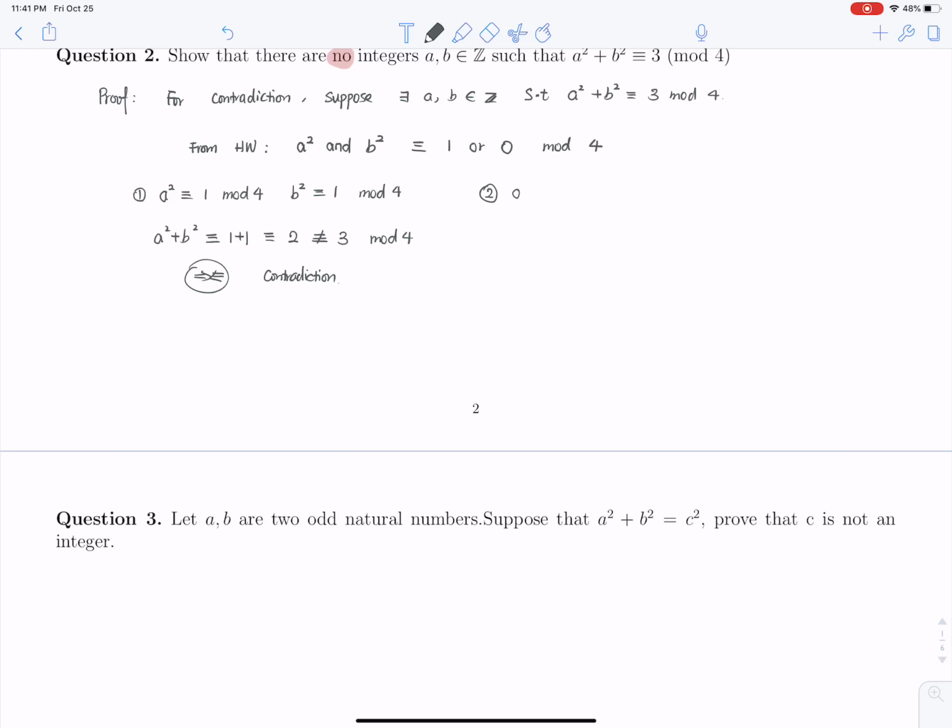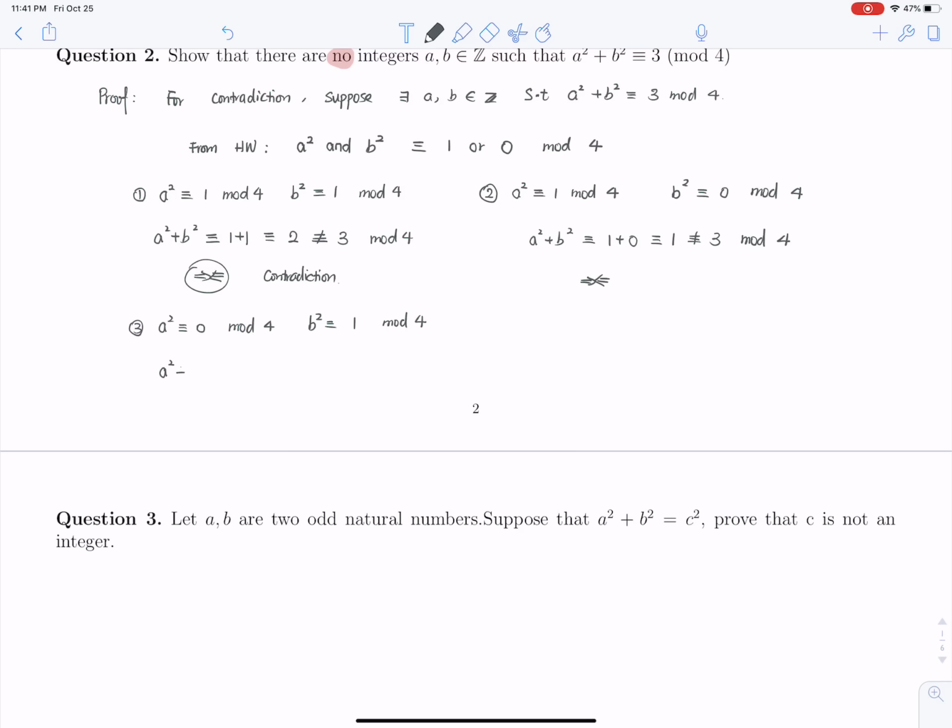Case 2: a squared is congruent to 1 mod 4, b squared is congruent to 0 mod 4. Then a squared plus b squared is 1 plus 0, which is 1 and not 3, so we have a contradiction here as well. The third case: a squared is congruent to 0 mod 4, b squared is congruent to 1 mod 4.